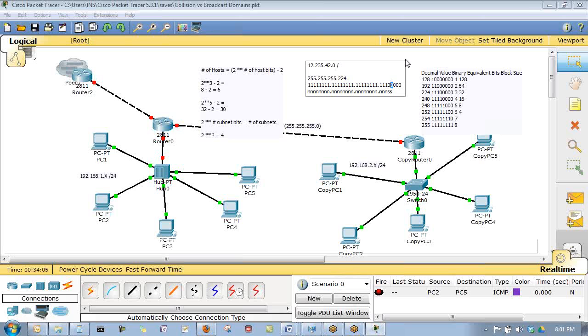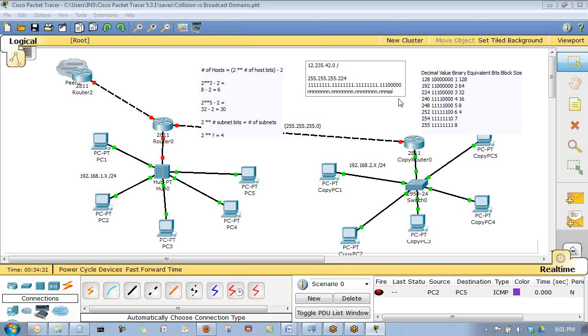What's the value of that bit right there in binary? 8. Correct. It is a value of 8. We call this our block size, and it is the last rightmost bit that is being used for the subnet.